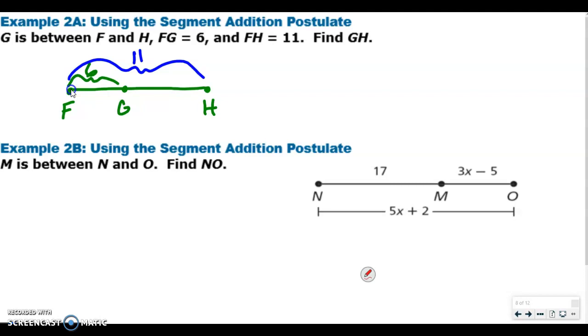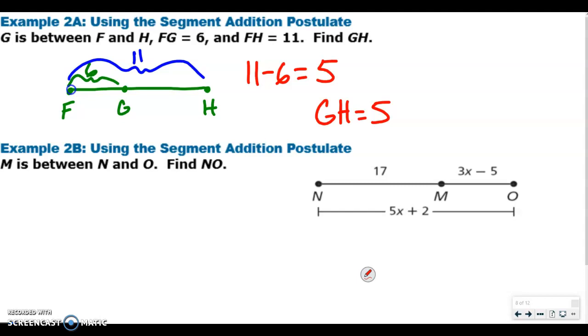So we can say, take the whole, subtract the part that we know, and come up with our answer. So we take 11 minus 6, and that gives us 5. So GH equals 5. And that's the segment addition postulate worked backwards.